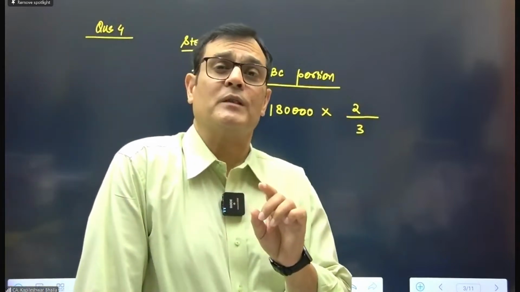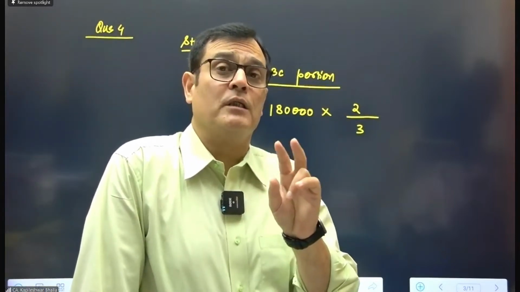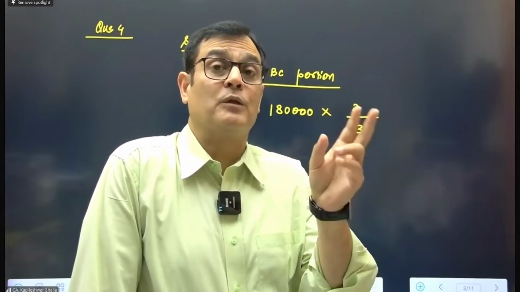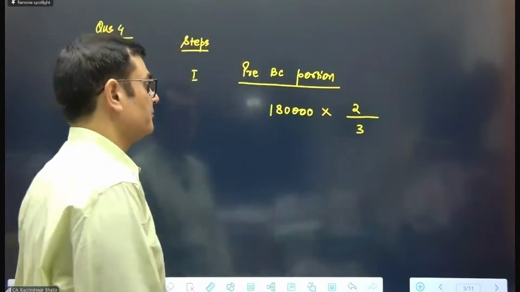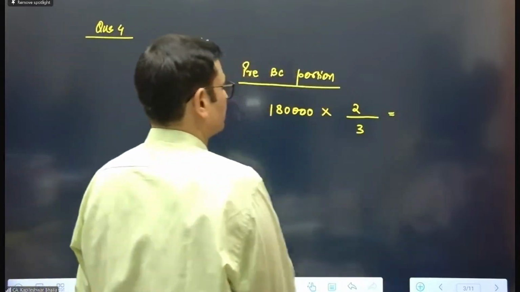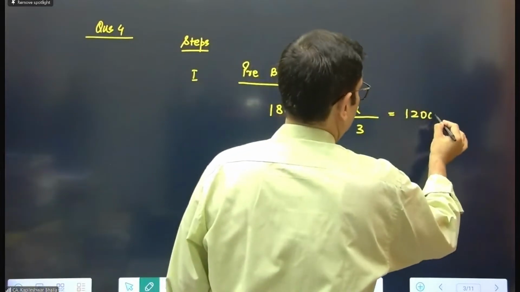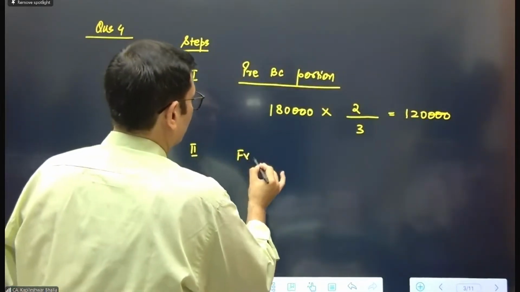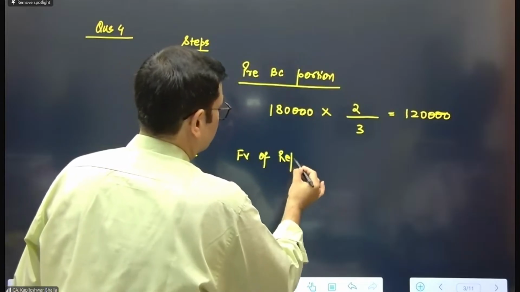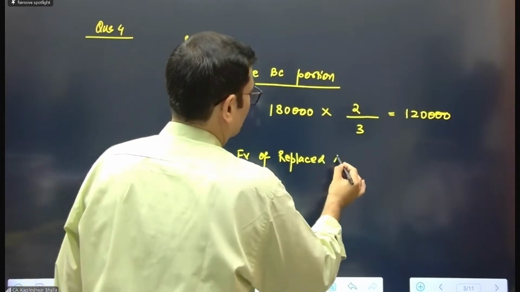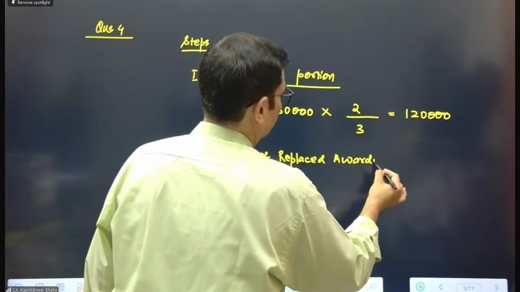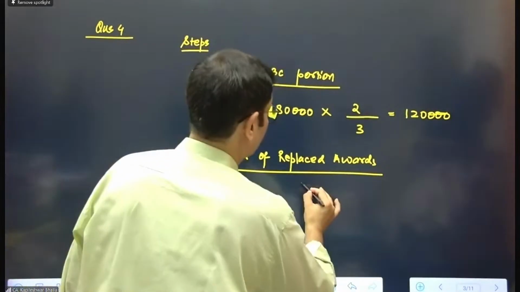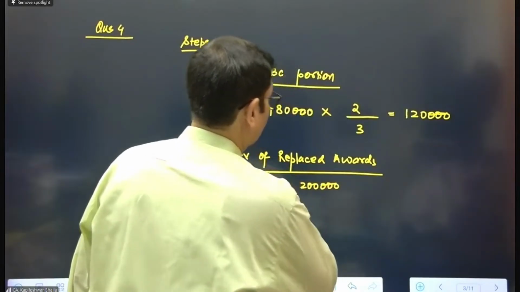Because in this case, the vesting period completed is 2 and what is yet to be completed is 1, so the total remains 3. So this works out to 1,20,000. Then we identify the fair value of the replaced awards. What is the fair value of the replaced awards in this case? That is given as 2 lakhs. The fair value of the replaced award is 2 lakh.